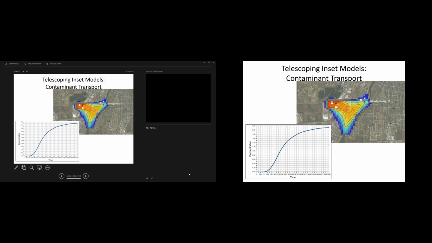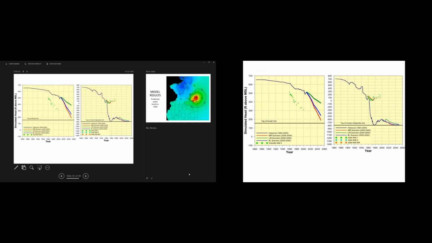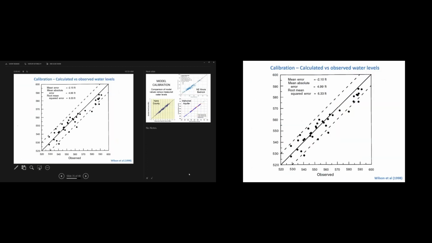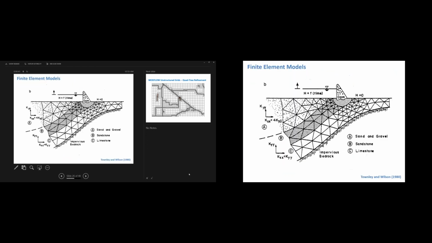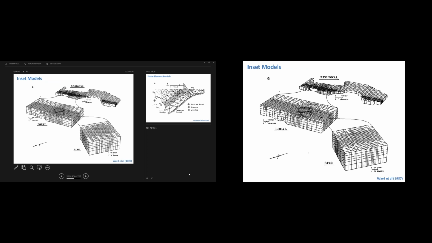We may have to, but if you go back to the telescoping mesh, one challenge is this. The idea is you run your big regional model, and then in Groundwater Vistas, our GUI, you can easily extract this, except if you're using an unstructured grid, which doesn't pass boundary conditions. Oh, they're all zeros, yeah. Which is a big issue.